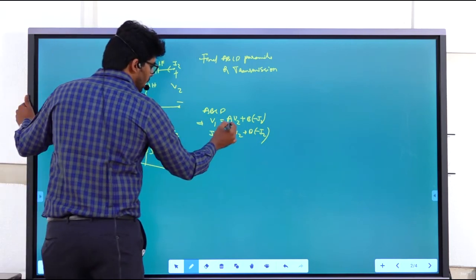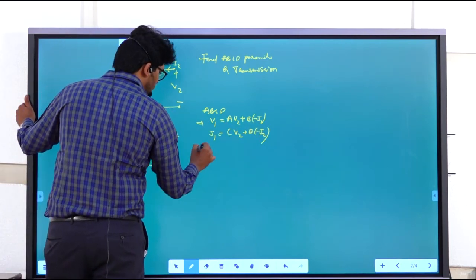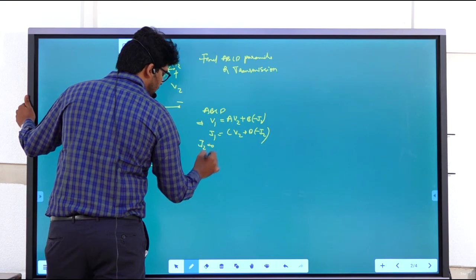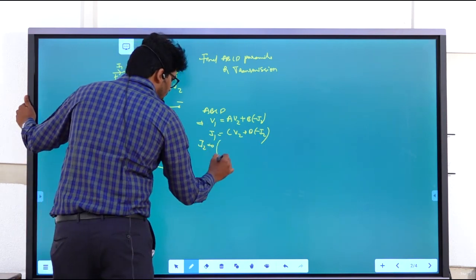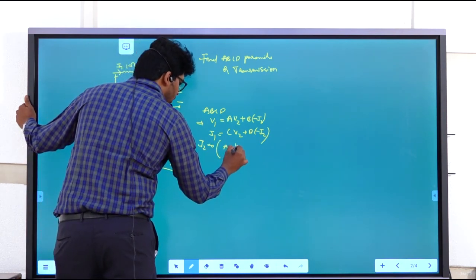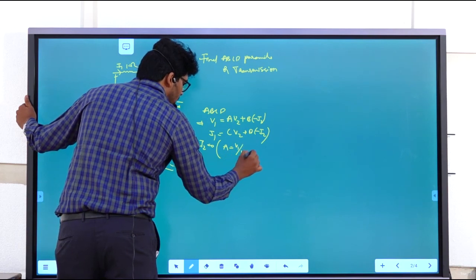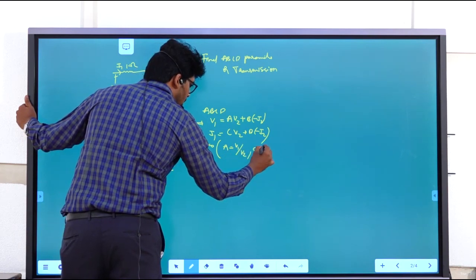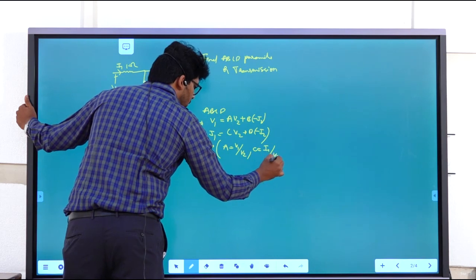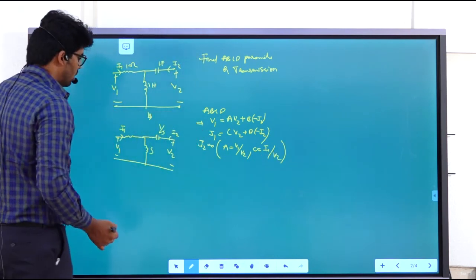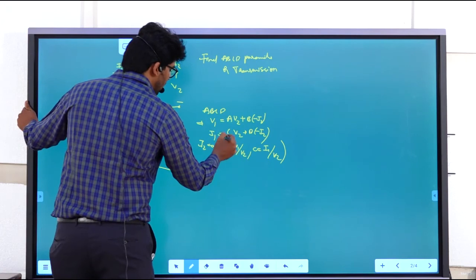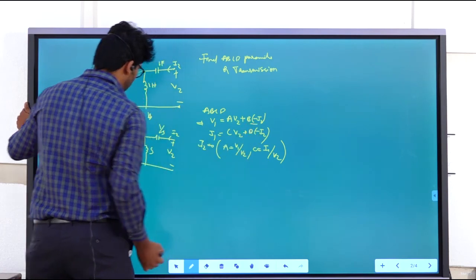Now we want A and C. How? By I2 equal to 0. If I2 equal to 0, then we have A equal to V1 by V2 and C equal to I1 by V2. Okay, now we will find the A and C parameters by setting I2 equal to 0.